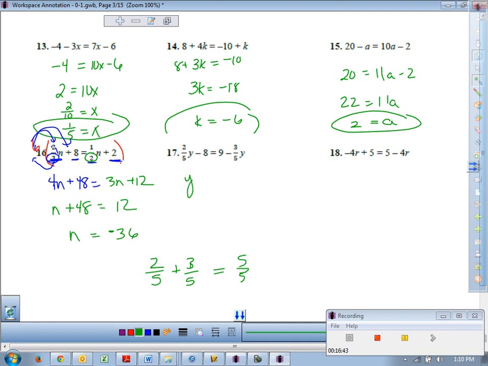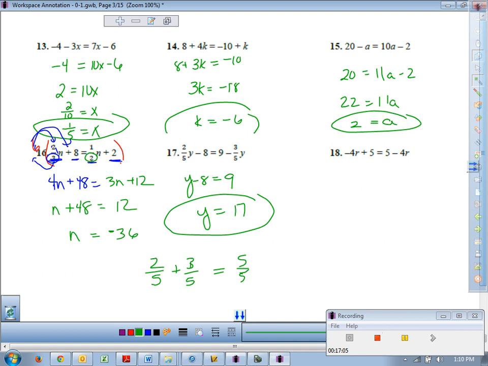Correct? Boom. Very easy. Could you clear the fractions? You bet. But since they had common denominator, we didn't need to, and everything else is still there. The minus 8's still there. The 9's there. And now we just got to get y all by itself. So it's all about if you had common denominator or not. So y equals 17.